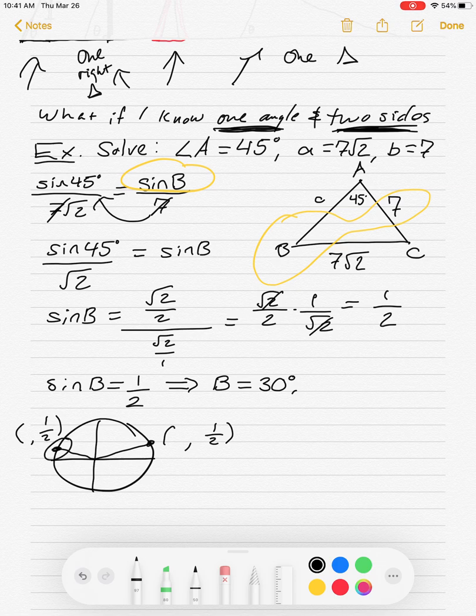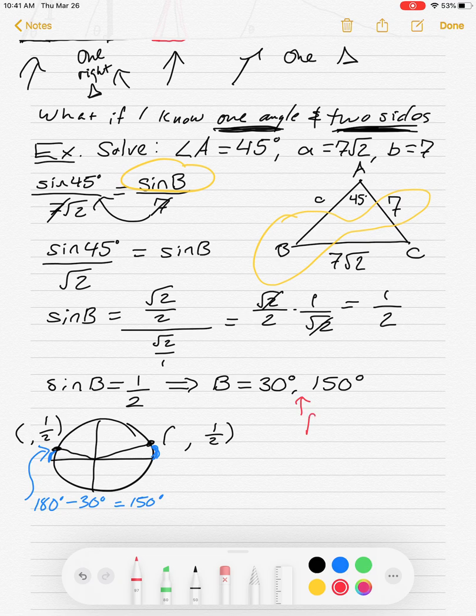My second one would be this one here. So how do I find that one? Well, look, this is 30 degrees here. This is 30 degrees here. So wouldn't this one just be 180 minus 30, 150 degrees, right? So my two possibilities for B are 30 degrees or 150 degrees.